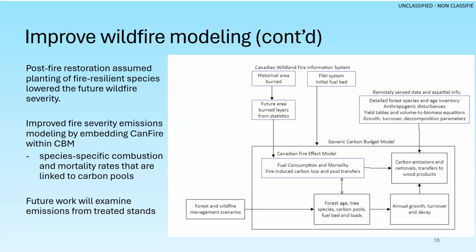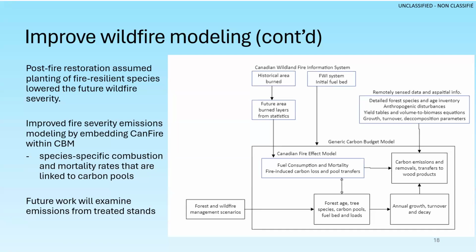And then we brought in the fire behavior prediction system, which has fuel beds, which just allows us to categorize the fire into different severity classes. But if we have species-specific planting, we would like to have species-specific fire impacts. So we'd like to understand the combustion and mortality associated with burning particular stands.